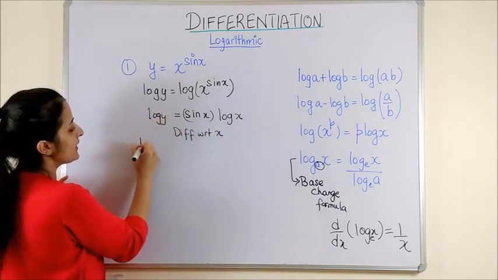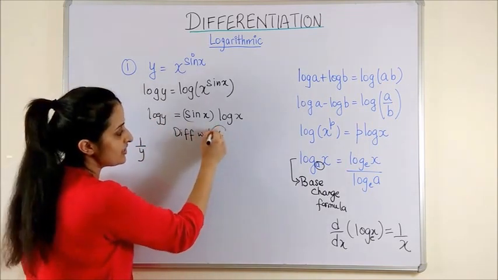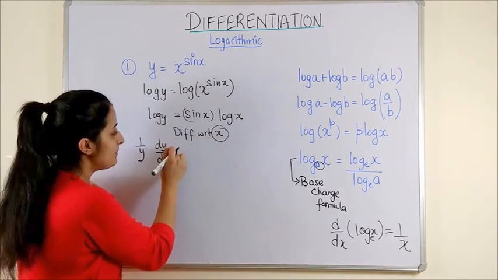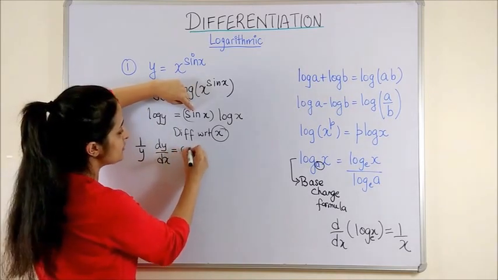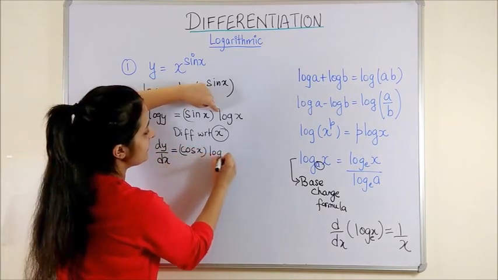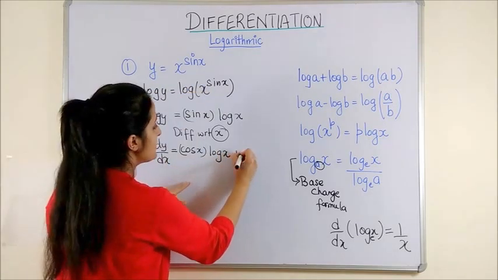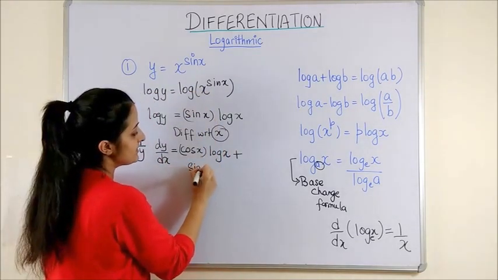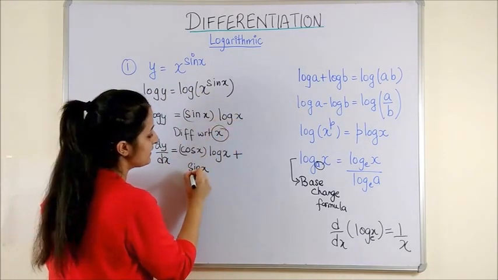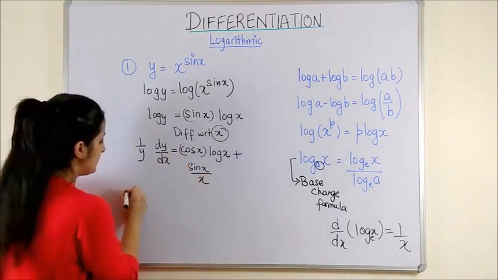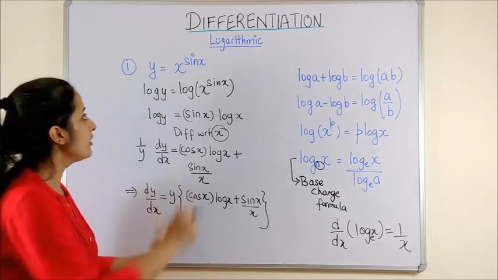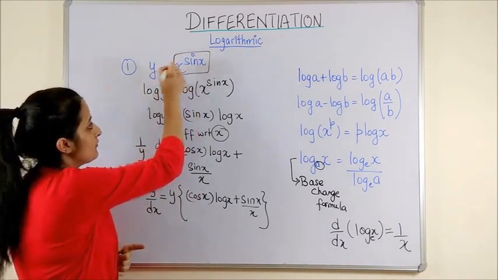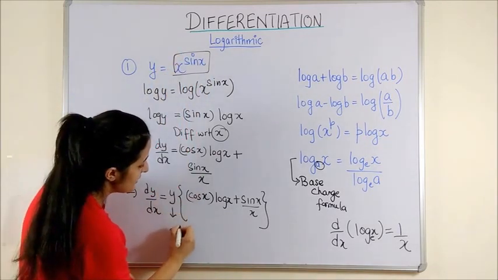So this becomes 1 upon y, since you are differentiating with respect to x, dy by dx is equal to derivative of sine x, which is cos x, into the second function as it is, plus first function as it is, into derivative of second, which is 1 over x. Thus your dy by dx becomes this, and do not forget to replace your y with x raised to power sine x.